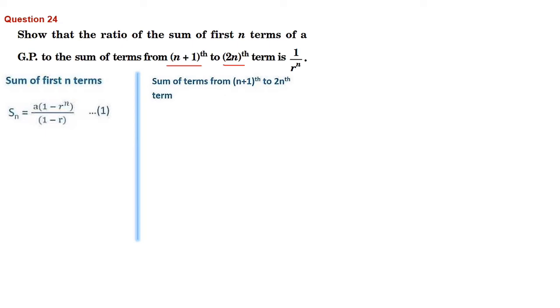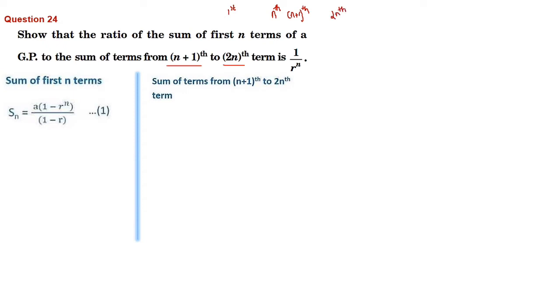From the first term up to the nth term is one group. Then soon after the nth term, the next term is the (n+1)th term. From the (n+1)th term to the next group, I am taking the 2nth term. This is the last one for us, the 2nth term.